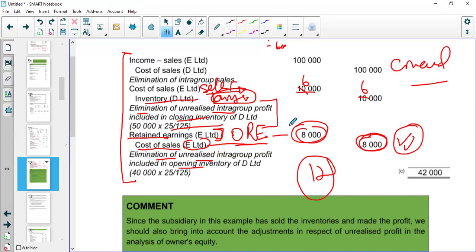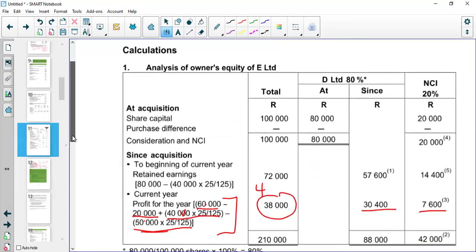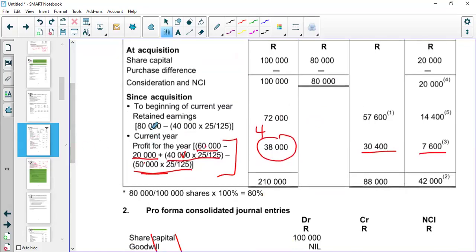Now, if we go to the analysis of equity, the retained earnings will have to be subtracted. You subtract that unrealized profit, that 8,000, to say, no, you guys recorded this already in retained earnings, but there's an amount that wasn't realized last year, which was only realized this year.